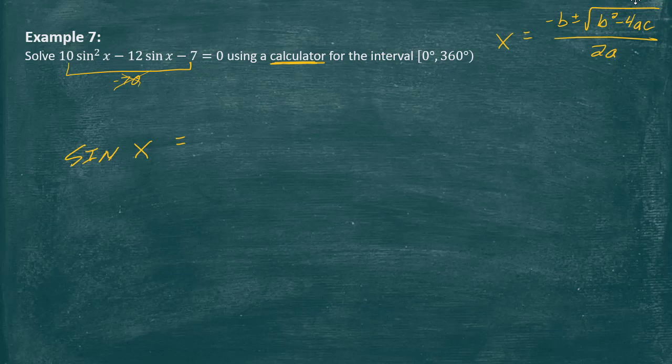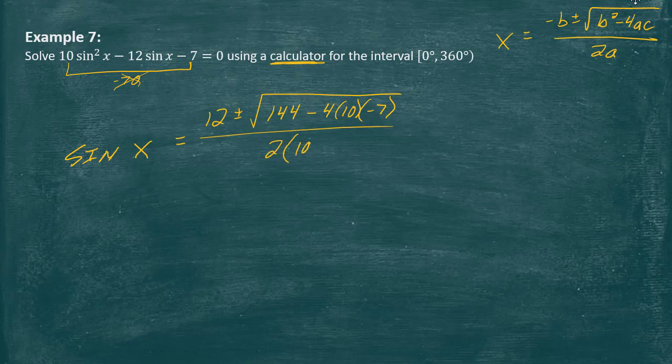So -b would in this case be -12, so that would be +12. Plus or minus the square root of -12 squared, which would be 144, minus the 4 times 10 times the -7 for the a and the c, all over twice a, so 2 times 10.